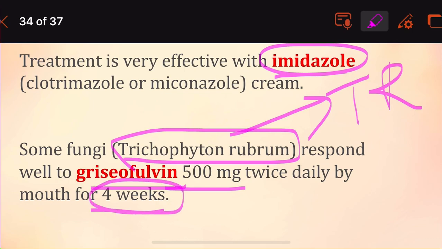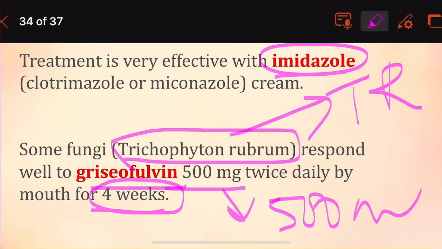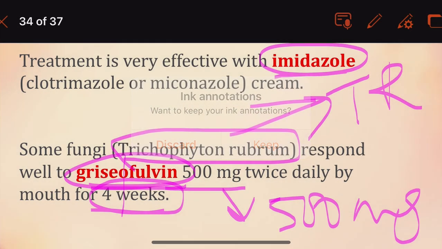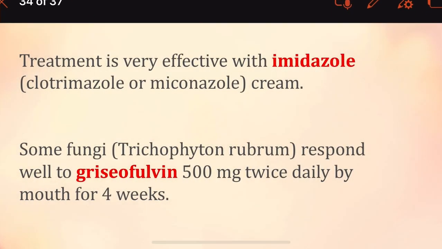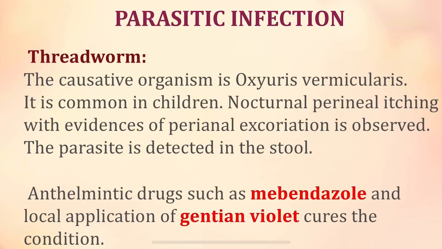So if the fungus detected is Trichophyton rubrum, then you have to give Griseofulvin 500 mg, and the cream is imidazole cream. For ringworm infections, imidazole.